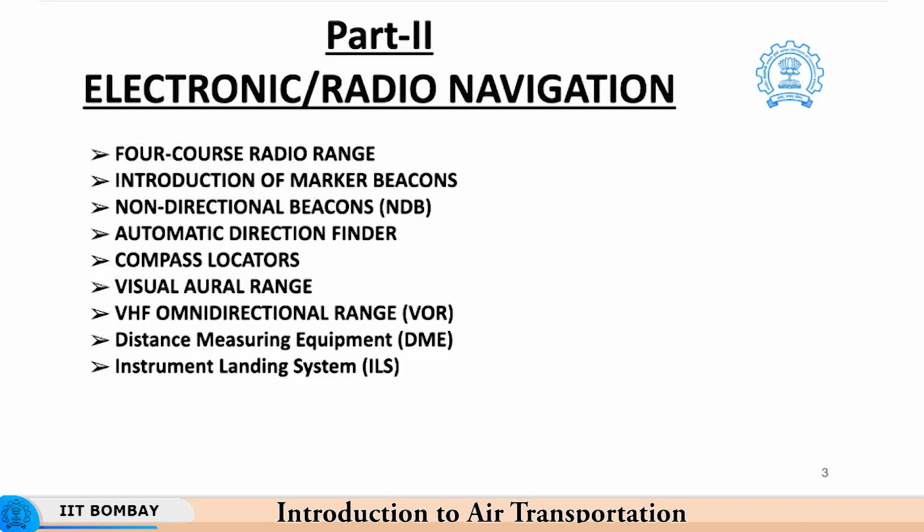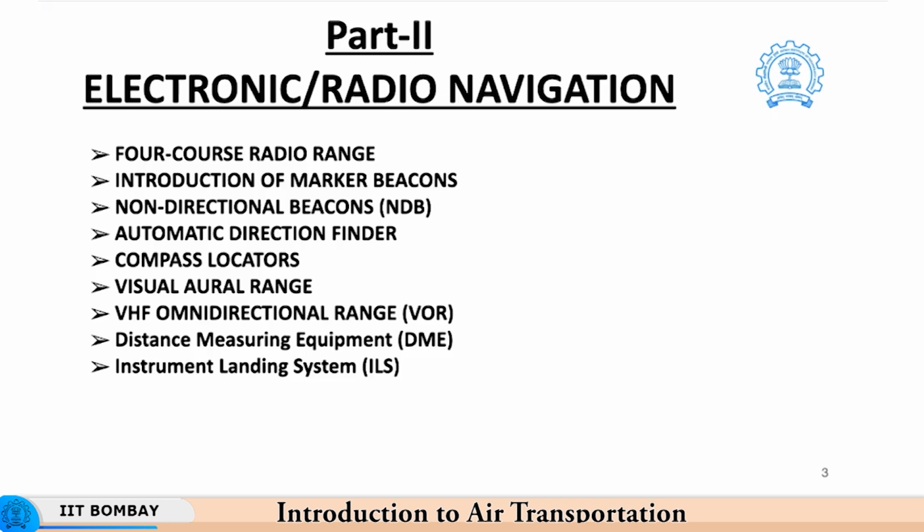The aircraft needs to tune into a particular radio navigation aid, and based on the underlying principle, the nav aid will be able to provide proper assistance to the aircraft to carry out the overall navigation towards the navigation aid to which the aircraft has been tuned.